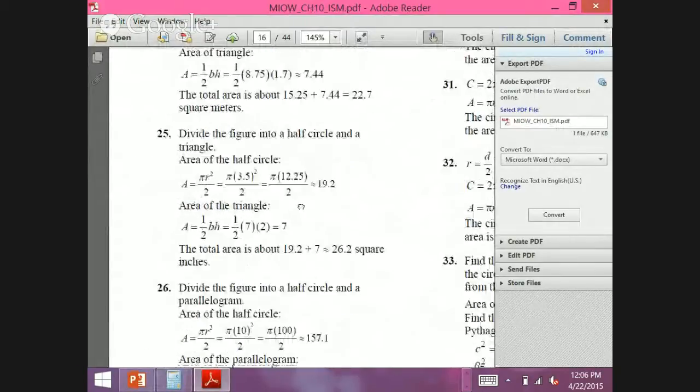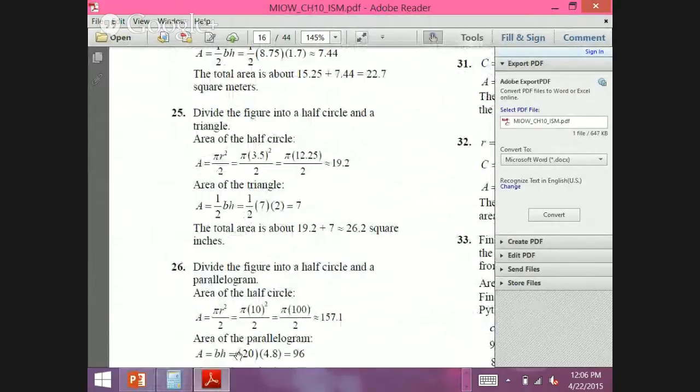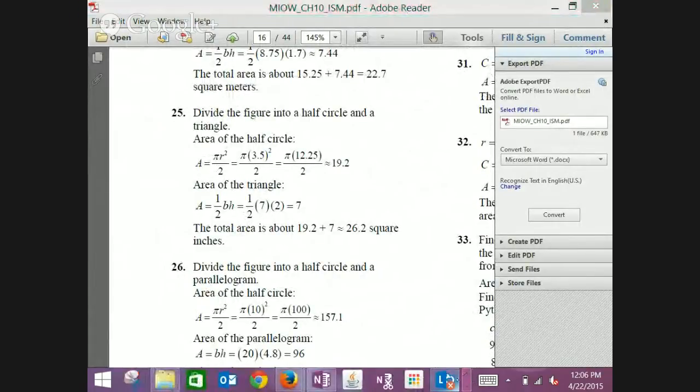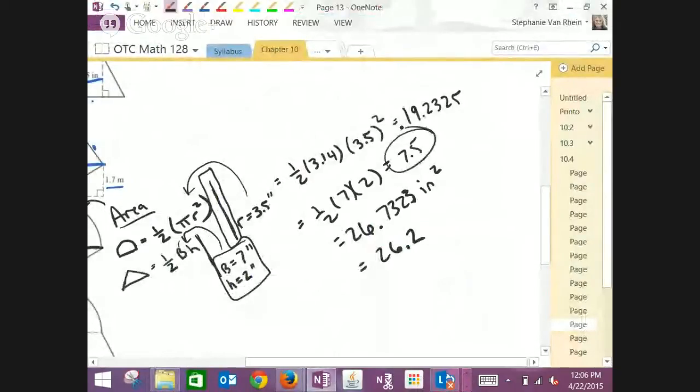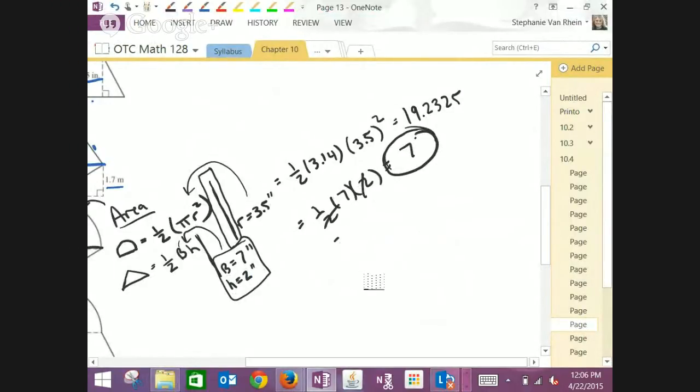Oh, it's 7, not 7.5. 14 over 2 is 7, not 7.5. The 2's would cancel and you'd have 7. And then what's 19.2325 plus 7?